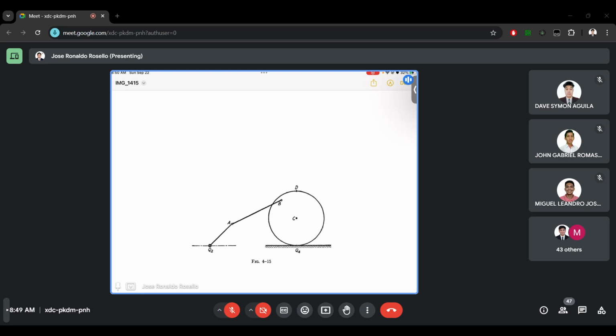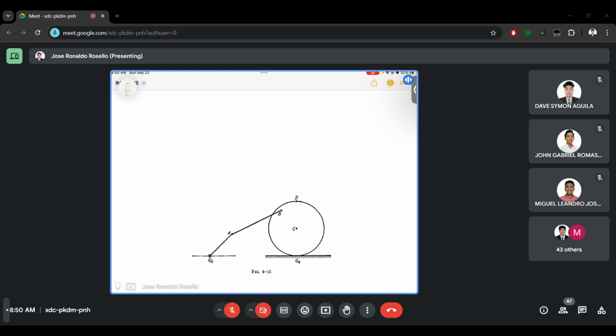First, let's look at the given. So what is given in this? For example, since we have Q2 and A, B, C, and D, the direction first should be given. So that's Q2A.